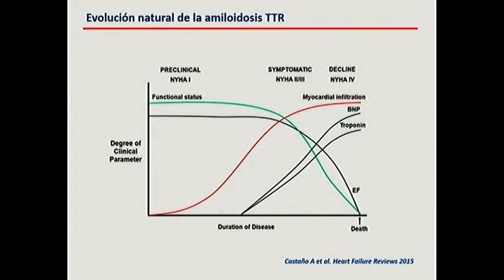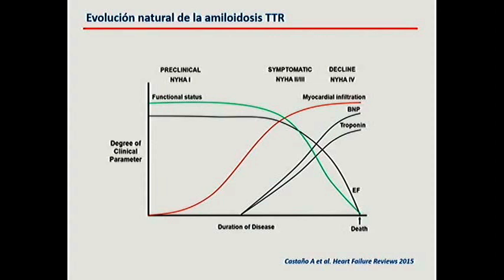To finish, you can see how the different parameters evolve to evaluate in amyloidosis. From the onset of the disease until death, up until the middle of the evolution, there is a deterioration in the symptoms of the patient.